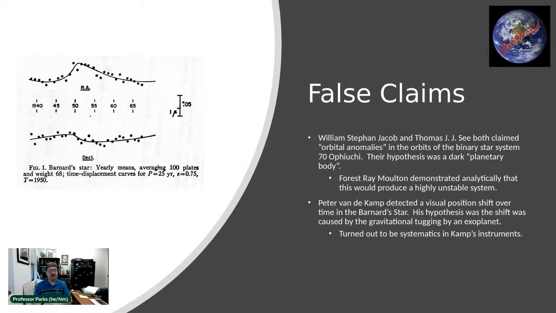Either the two stars would become unbound and fly away from each other, or the two stars would slam into each other. Any third body would basically cause that system to destroy itself in one way or another in very short order. So essentially what Moulton says is, sorry guys, it's not a planet causing these observational discrepancies that you're seeing.